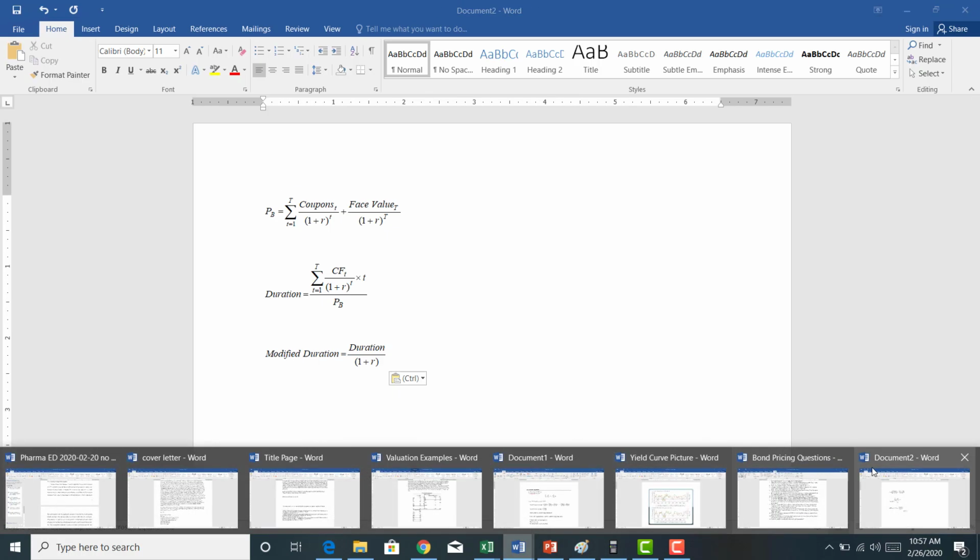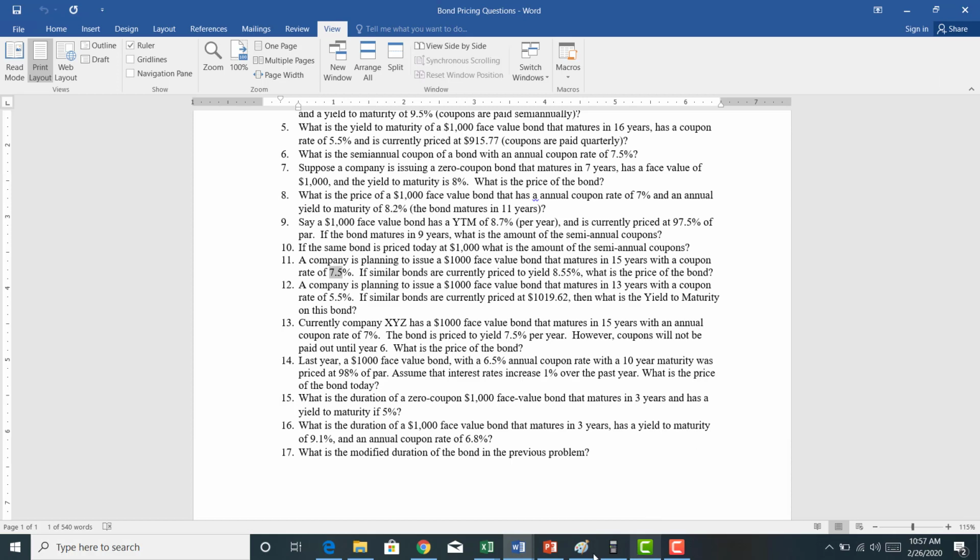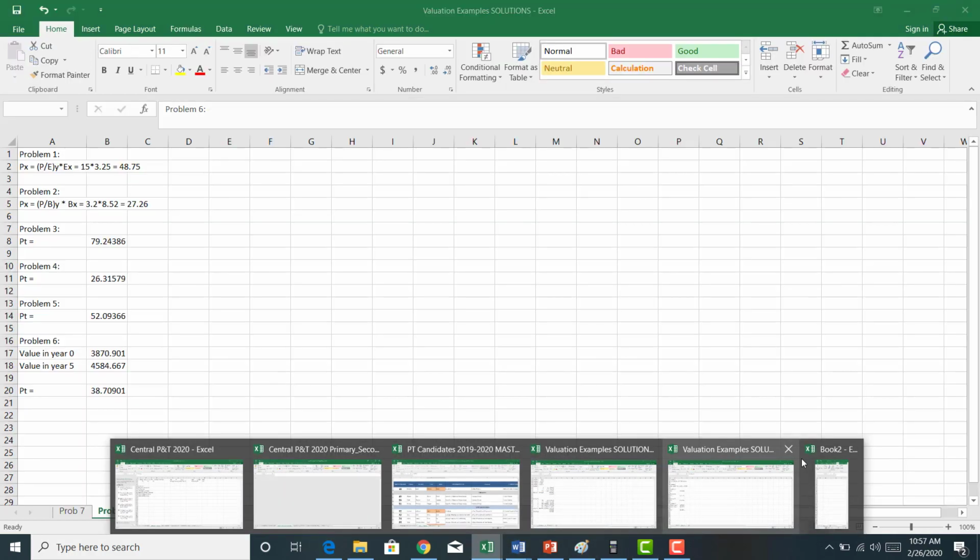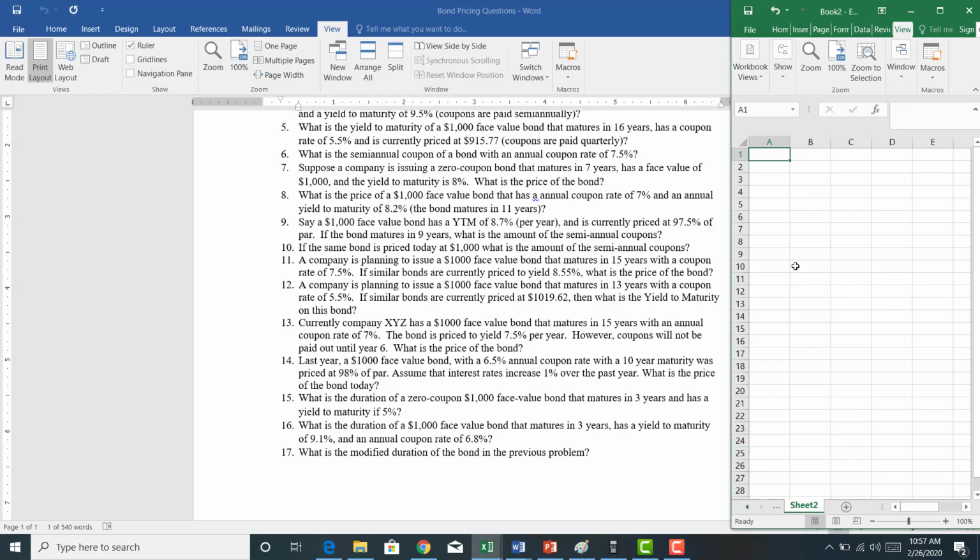Let's pull up the problems here. I'm going to answer all of these problems in Excel. Recall the first step is to find the bond price. Second step is to find the numerator.